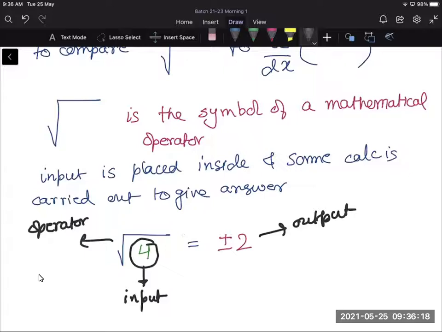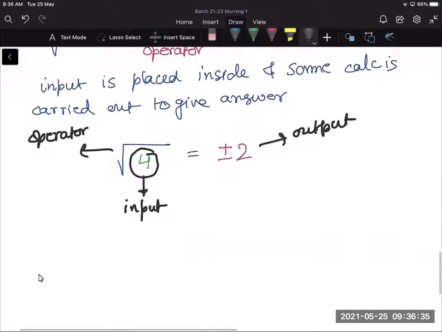So if this is the way that a mathematical operator behaves, then I can already see the similarity. D by dx is a mathematical operator, and it acts on something and it gives you an answer.